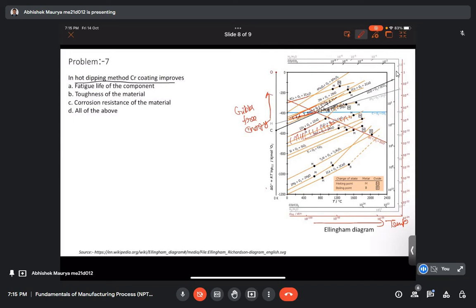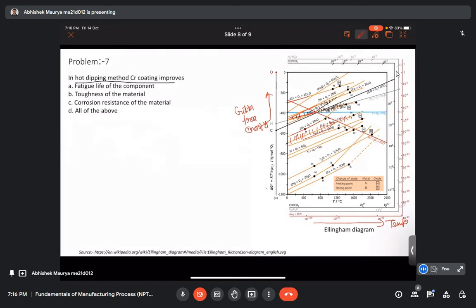So the chromium line comes below the iron line. What does it mean? It means for chromium, at any temperature, the Gibbs free energy to oxidize will be more negative in comparison to the oxidation of iron.